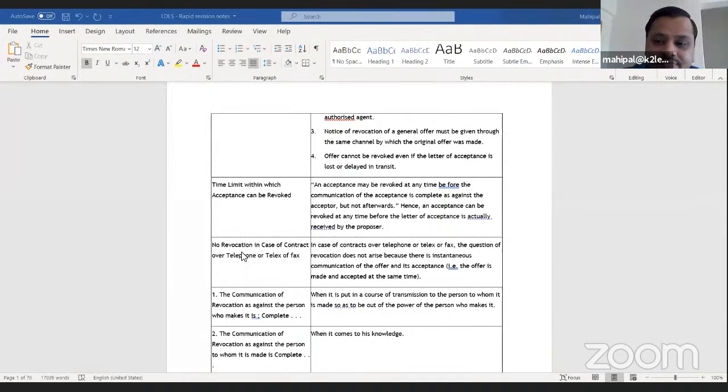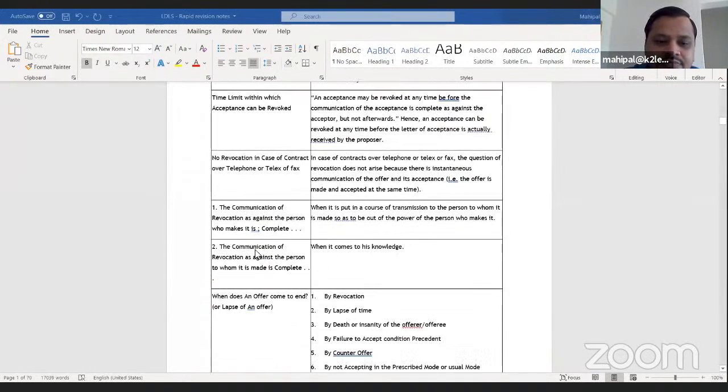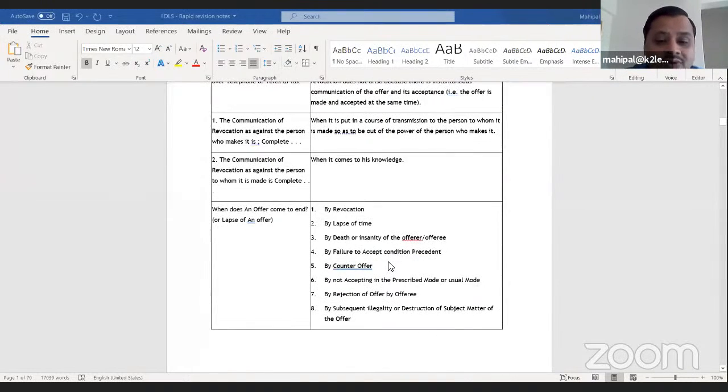Great. How does an offer come to an end? An offer may come to an end by revocation, which should happen before acceptance. Second, by lapse of time, where the offer is open for a specific period and is not accepted within that period.